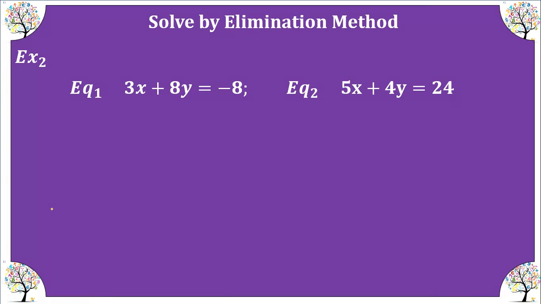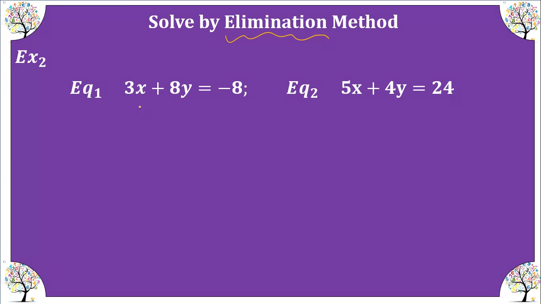Let's take a look at example 2. Again, notice both equations are written in standard form. This lets me know I should use elimination. I'm looking for a pair of opposite x and y's. We do not have that. We have a 3x and a 5x and an 8y and a 4y.